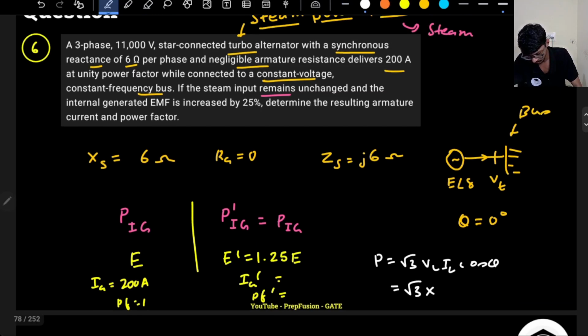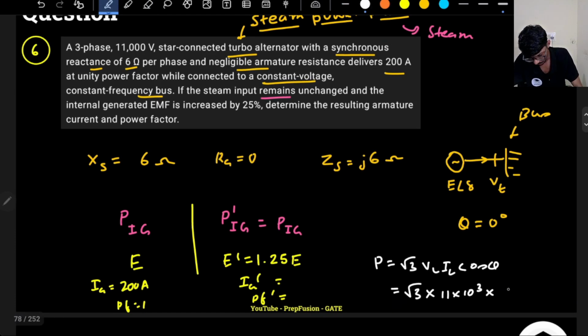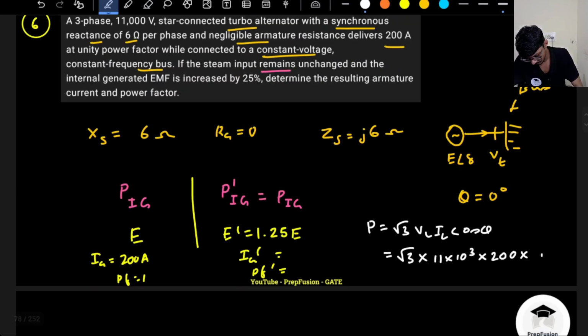So root 3 into 11 kilovolt into IL, which is 200, into cos theta. Cos theta is 1 simply, right? So this will be the power. So I can write this over here.